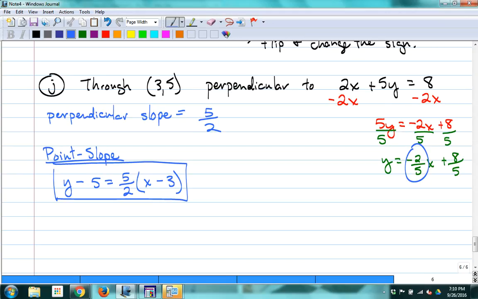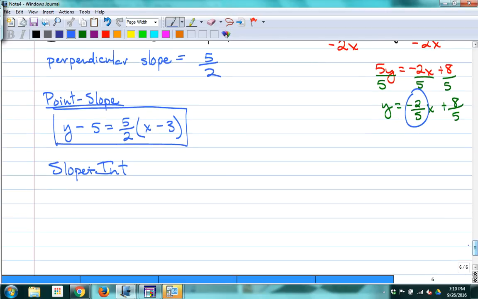Good. Now, let's get that in slope-intercept. Slope-intercept form means get y by itself. So what's the first thing I should do to my point slope form? Distribute, yes. We're getting better at that. You don't have to think too hard. So 5 times 3 is 15 over 2.